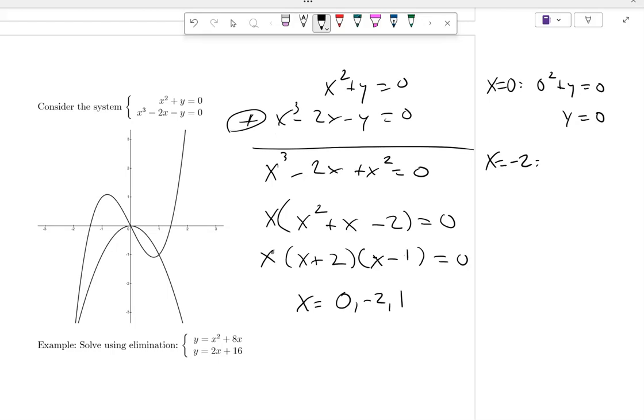If x is negative 2, negative 2 squared plus y equals 0. 4 plus y equals 0, so y is negative 4. The last one, I'd have 1 squared plus y equals 0, and I think you'll get negative 1 for that one.